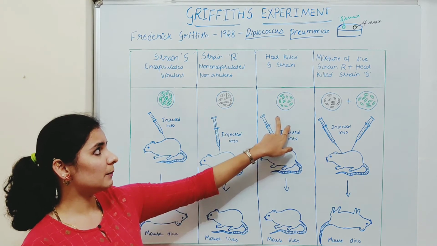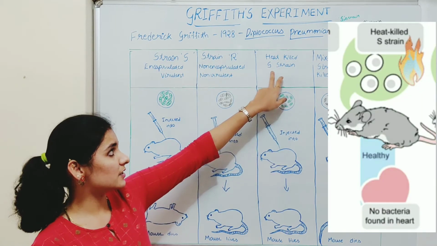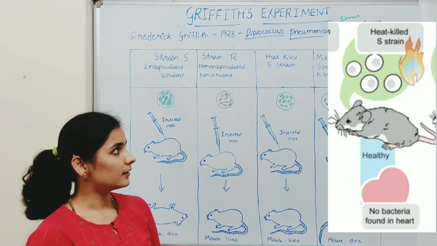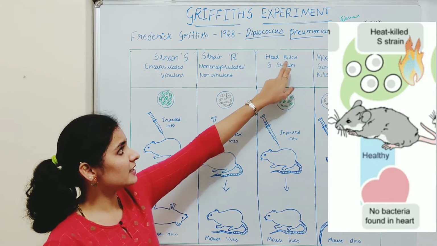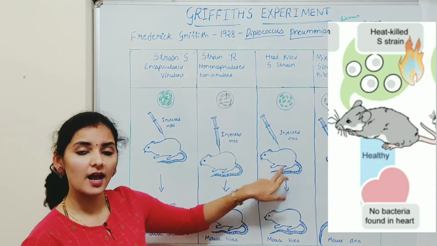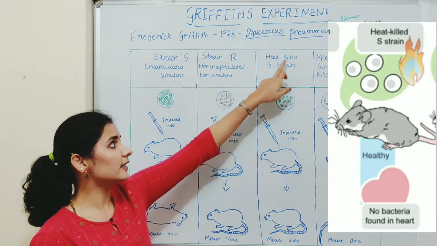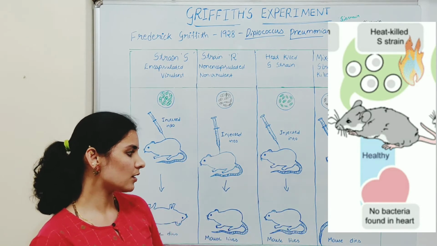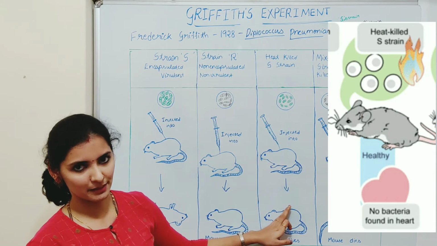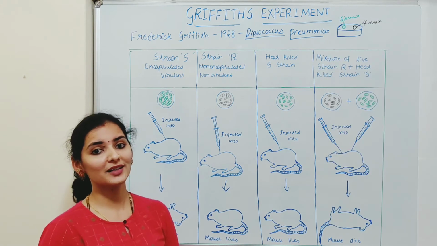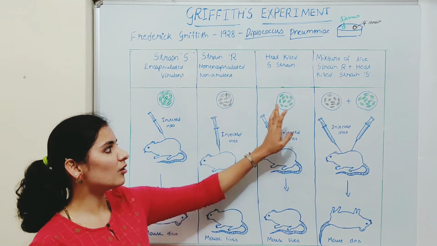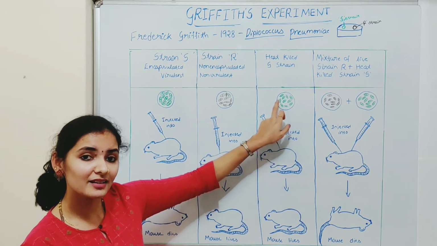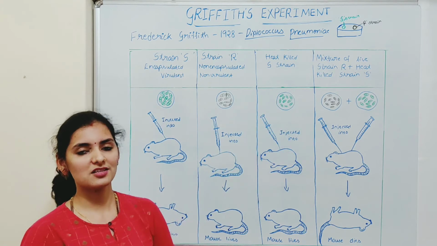In the third experiment, he killed the S strain by heating them. Then he injected this heat-killed S strain into a mouse. And he observed that the heat-killed S strain did not kill the mouse. The mouse was alive in this third experiment. From this he concluded that the polysaccharide or mucin coat present in the S strain causes toxicity.